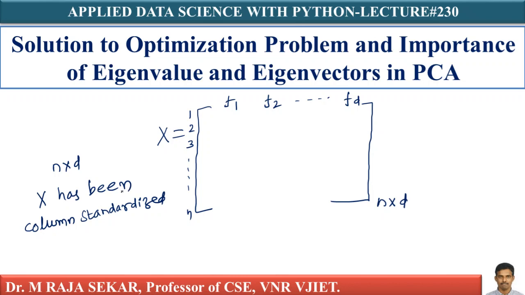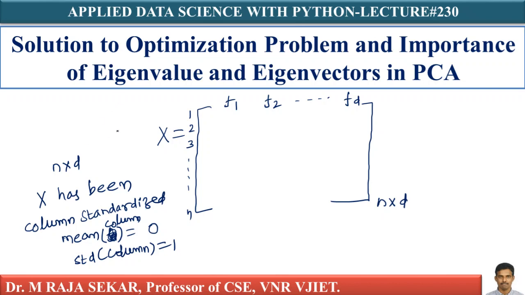It means the mean of each column, each feature, each dimension, is equal to 0, and the standard deviation of each column, each dimension, each feature, is equal to 1. That is column standardization.